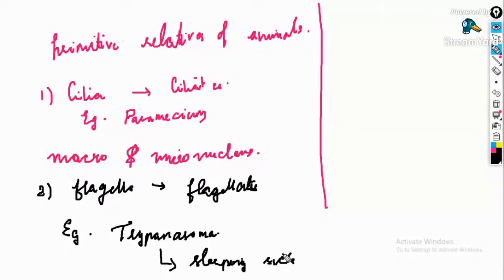The microbe causing sleeping sickness is Trypanosoma, and the vector of this sleeping sickness is the tsetse fly.